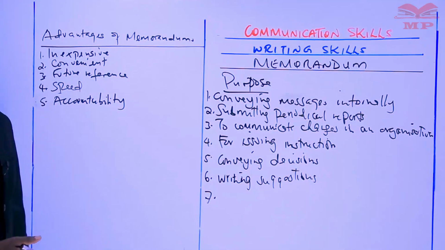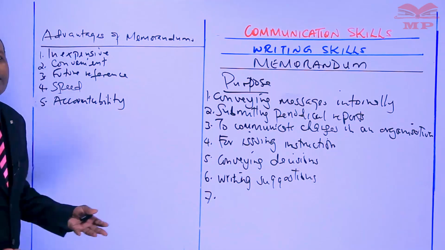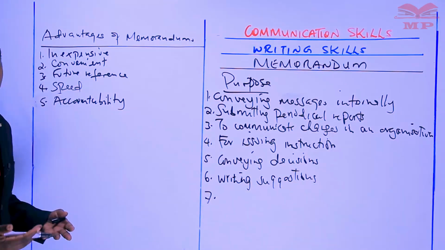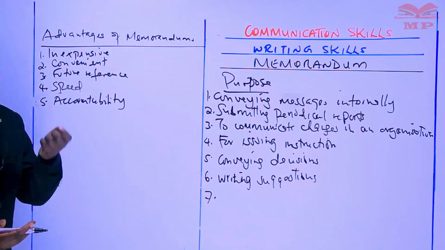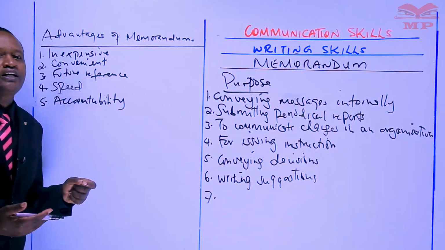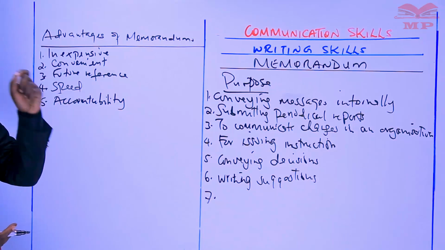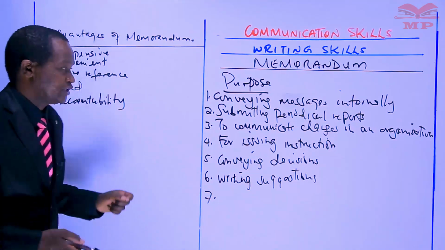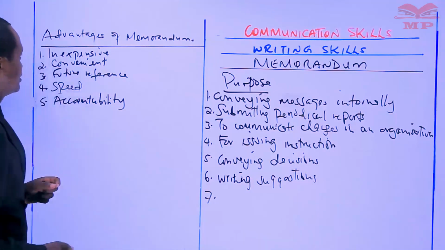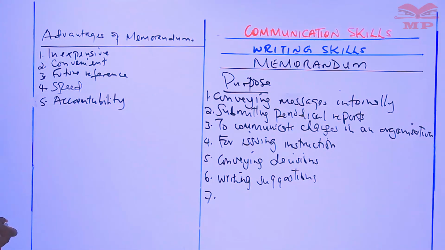Now, candidates, as memos are records of facts and decisions, they establish accountability, and therefore, some organizations prefer to use memos even for small events, rather than telephone or verbal communication. So memos can be used to fix accountability. So these are some of the advantages of memos.